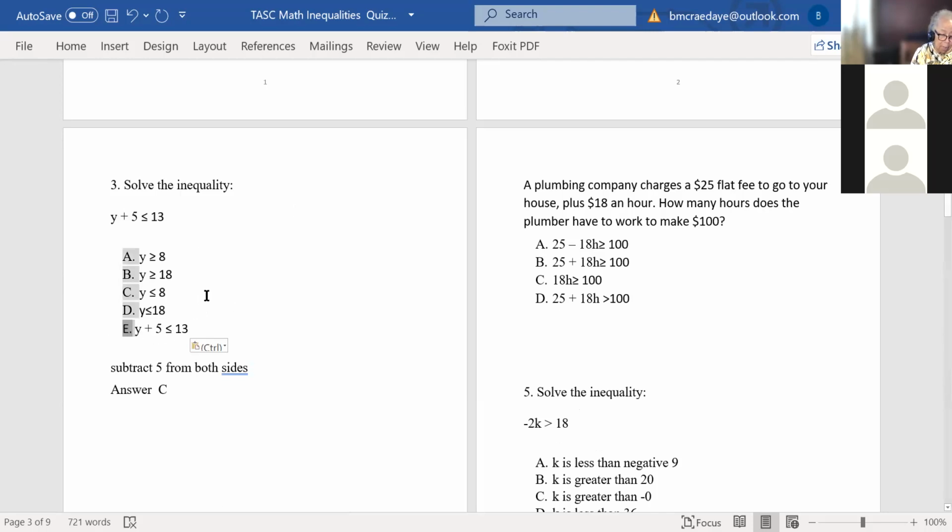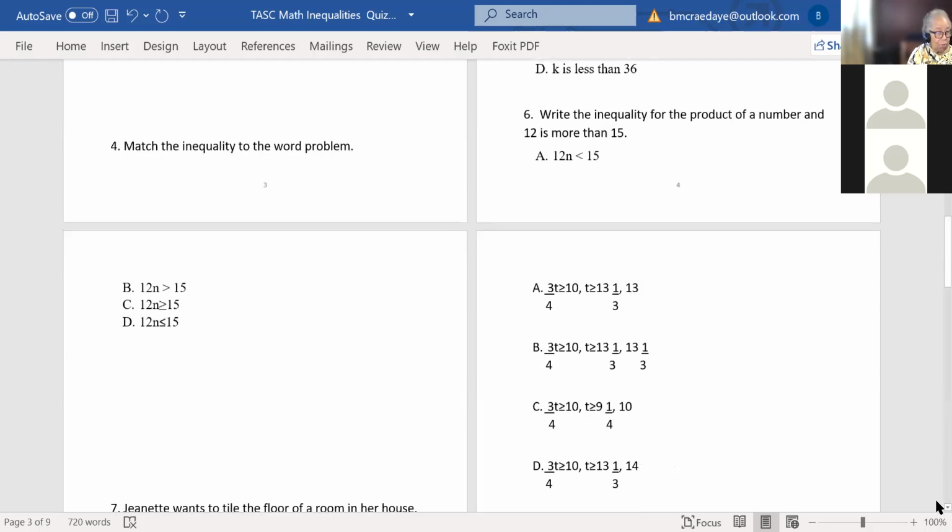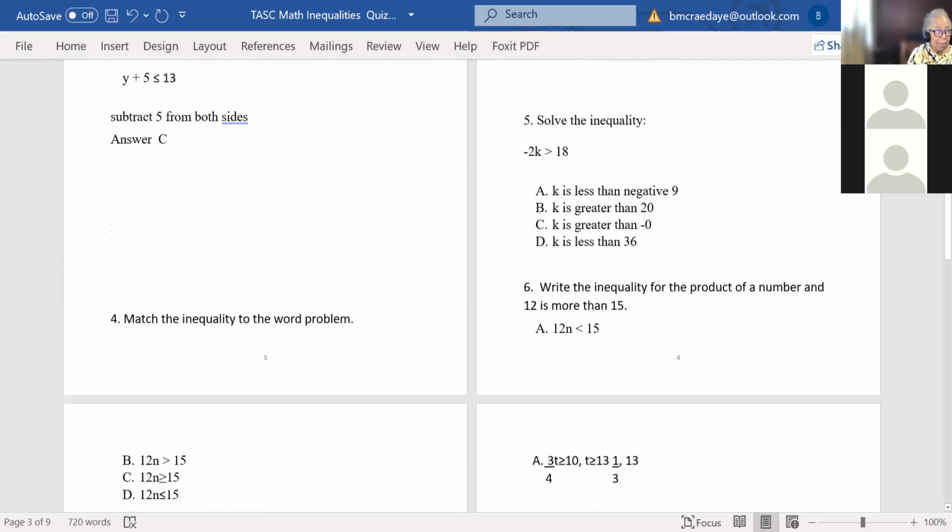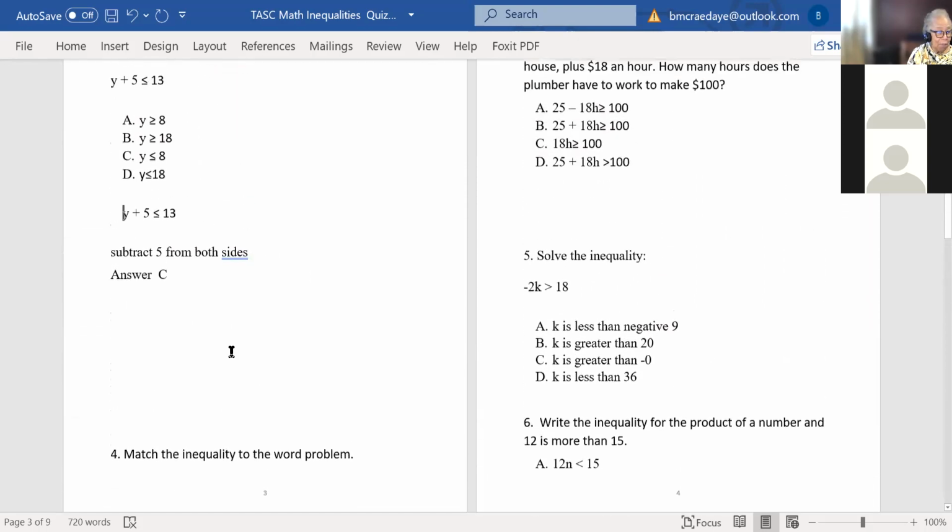What we did, we just subtracted the 5 from both sides, and 5 from 13 is 8, and y is less than or equal to 8. Okay. So far you're doing great. You've got the first 3 correct. All right, let's go to number 4.